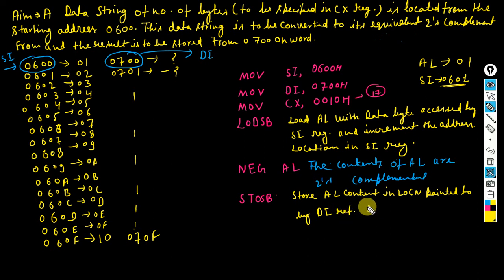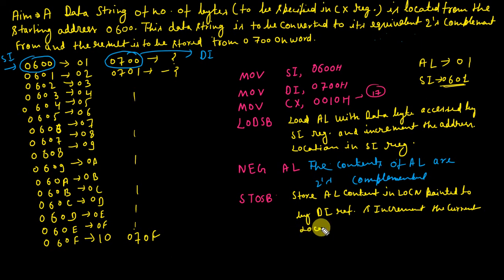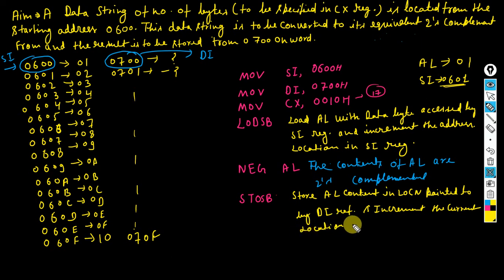and increment the current location in DI register. Okay, what is the meaning of STOSB?